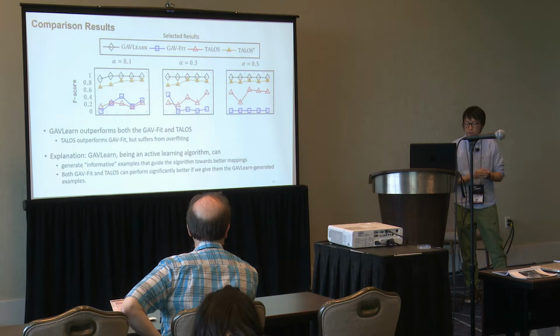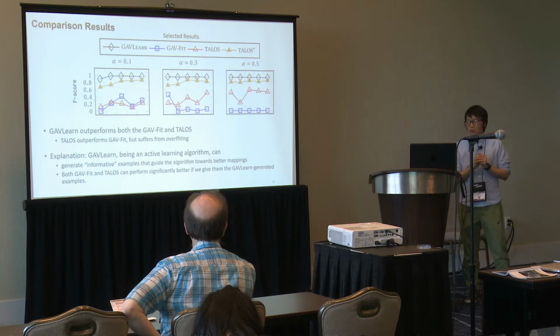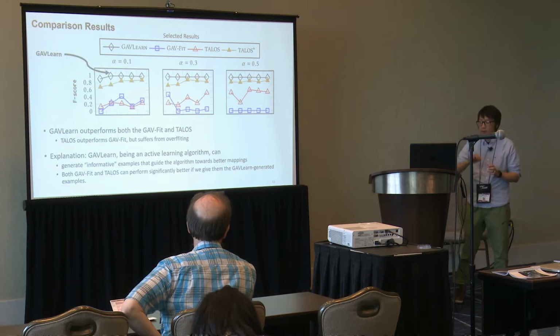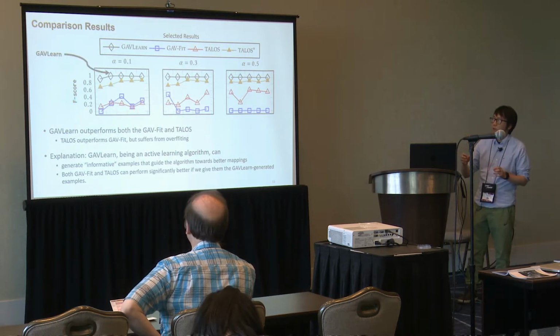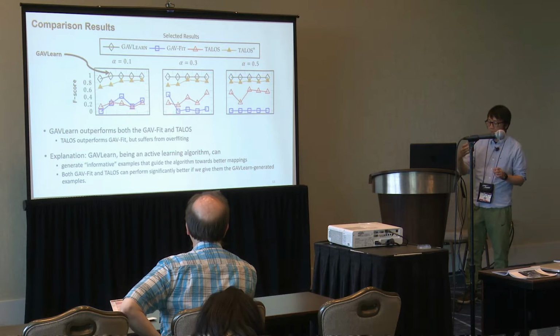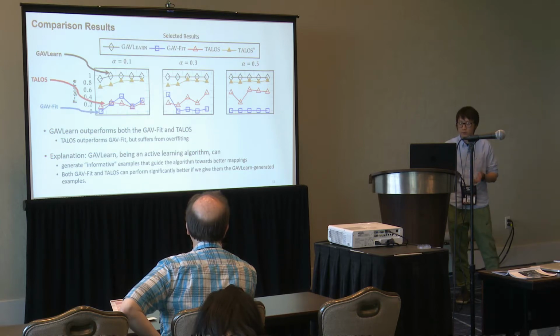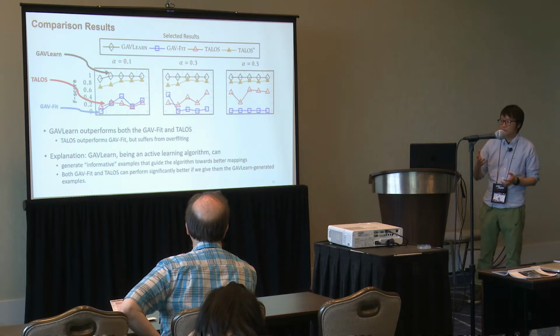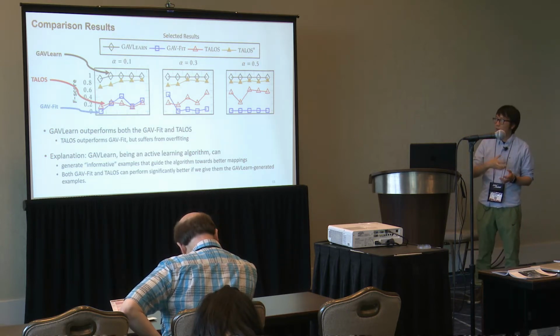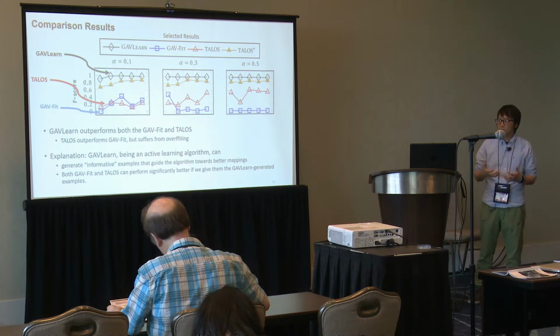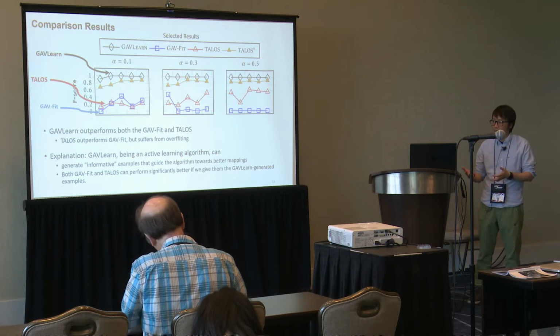So here are selected results. The black lines with diamond markers are the F-scores achieved by the mappings generated by our algorithm, and the blue lines and the red lines are the F-scores of mappings returned by Talos and GAV-fit. Clearly, GAV-learn outperforms Talos and GAV-fit.